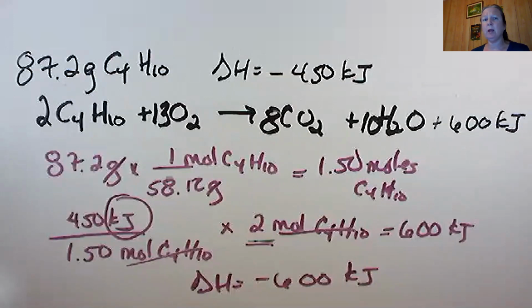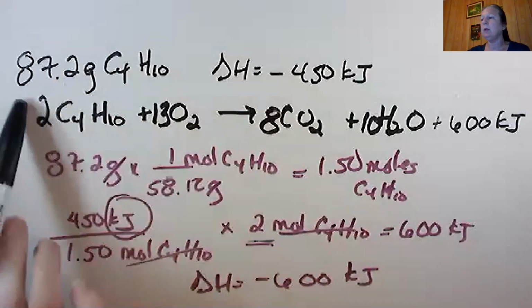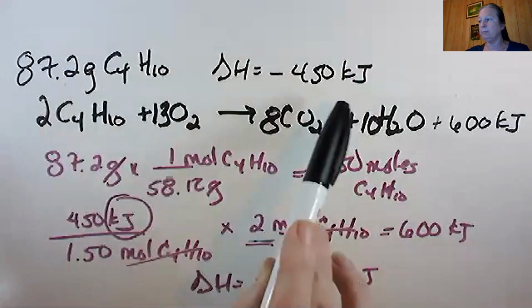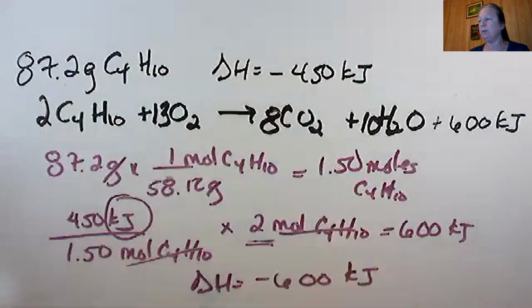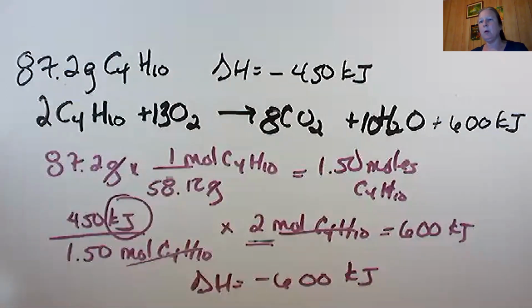I know that seems kind of confusing. Work it through a few times. There might be others in the book, or you can just work this one a few times. What you're doing is you did a combustion reaction. You found out when you burned this much hydrocarbon with oxygen, you released 450 kilojoules of energy. That's a specific amount, but you can get energy per mole. And remember, once you have moles, we can put it in a reaction equation.